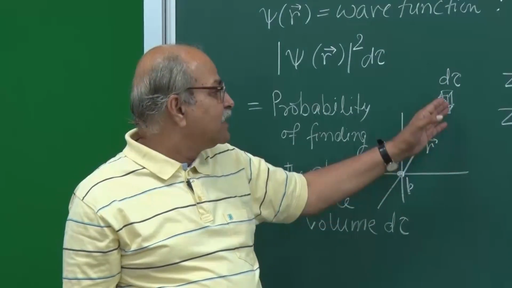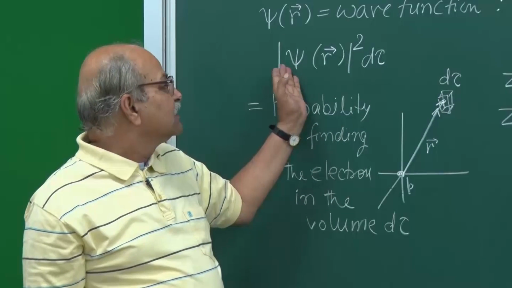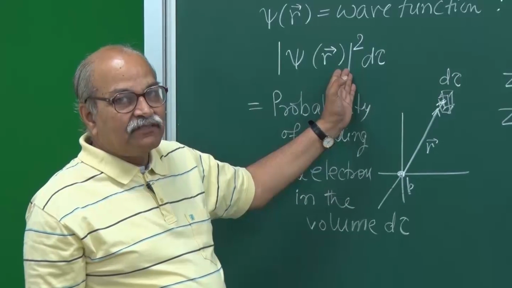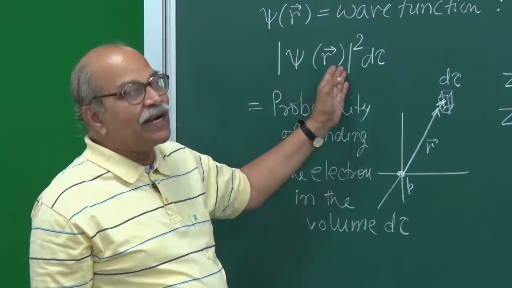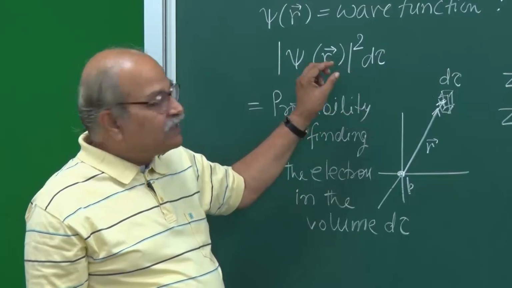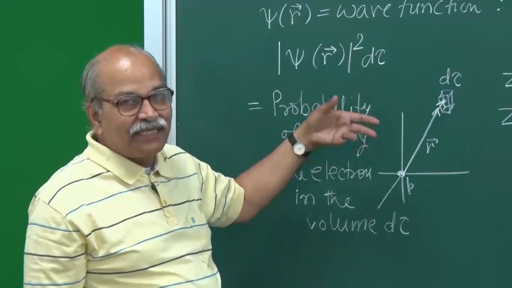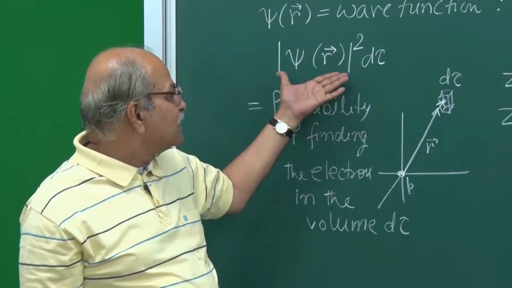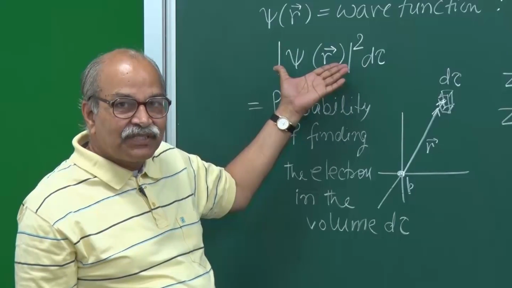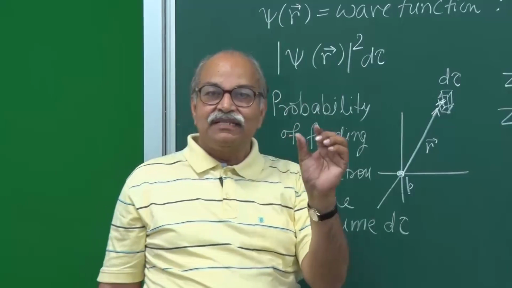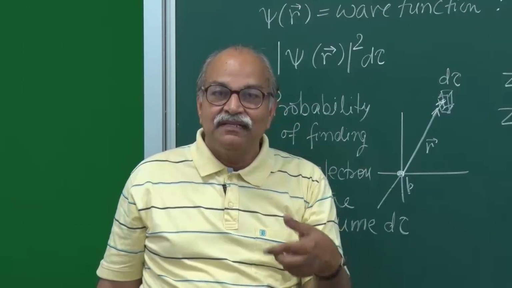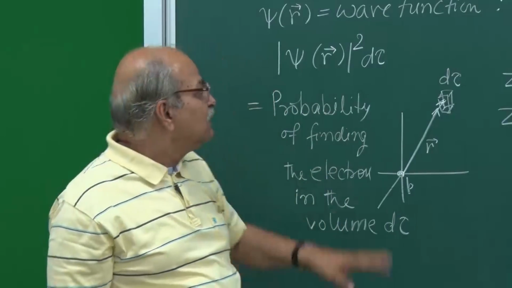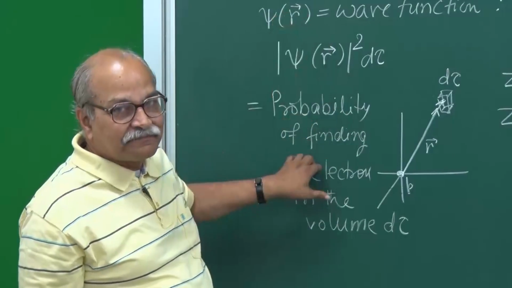If at a certain point the wave function is 0, then there we say the electron will not be found. But if this quantity is large at a certain position, then in that vicinity I have a larger probability of finding the electron. So that's the meaning of this wave function.